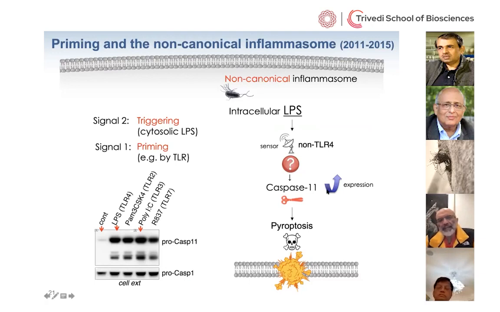So what priming does is that it arms the weapon. It's an arming mechanism, so it's all ready to go. And the second signal, what triggers the firing or the engagement of the pathway, is the presence of cytosolic LPS. So that's what priming is.